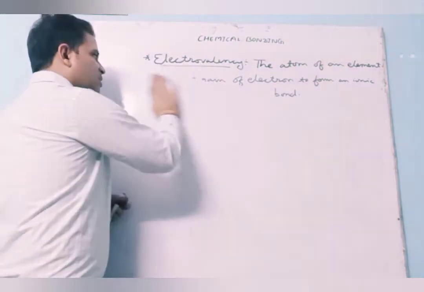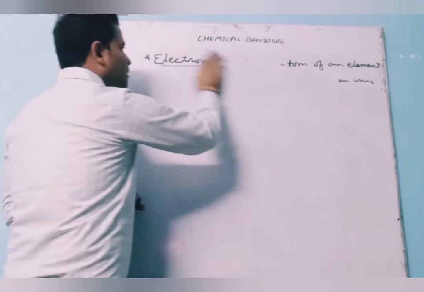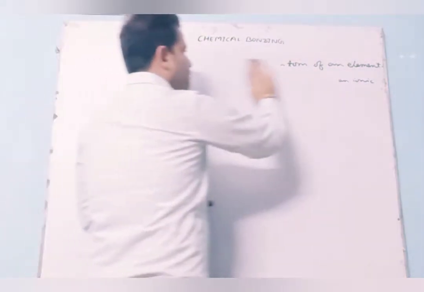Now after knowing this, we start the electron dot structure as well as the orbital structure of the ionic bond.